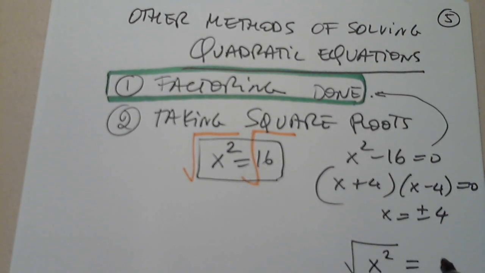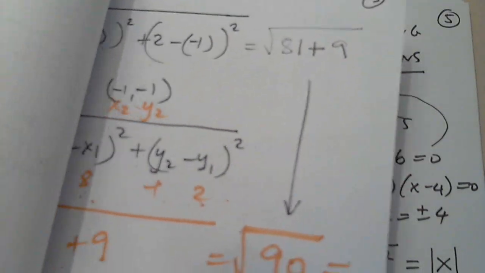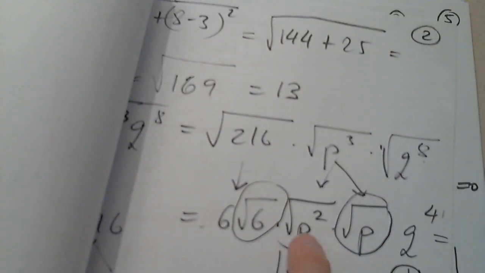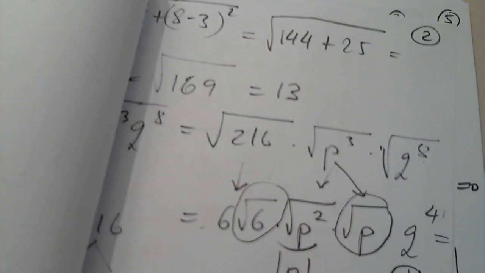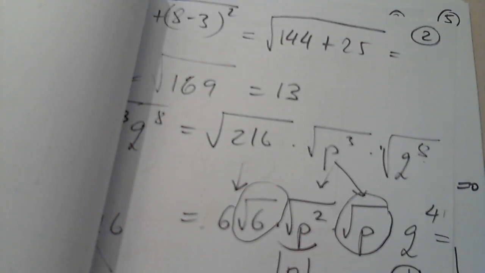X? Never. It's the absolute value of x. If we're not told anything about x, the answer has to be the absolute value of x. The square root of x squared is the absolute value of x.